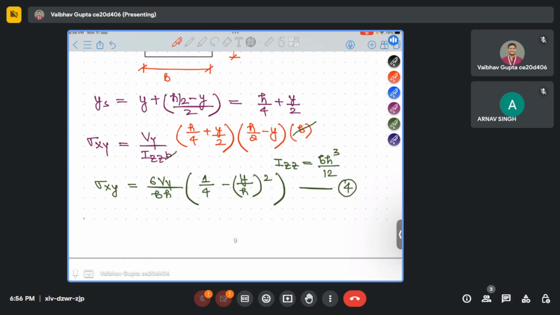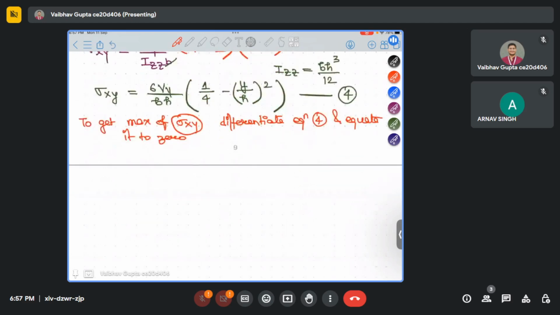To maximize equation 4, to get the maximum of sigma xy, what will you do? Differentiate equation 4 and equate it to 0. So when you differentiate d sigma xy by dy, you get 6Vy by bh into minus 2 into y by h, which is equal to 0.